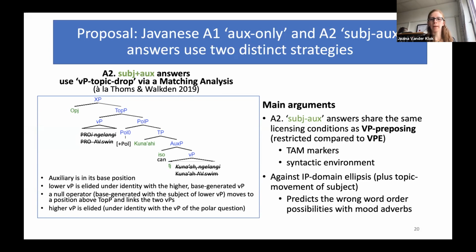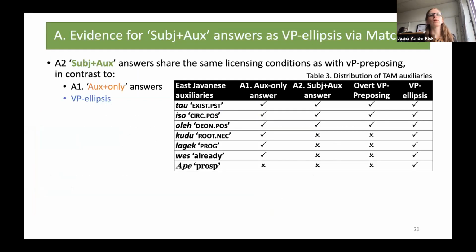Okay, so let's look at the distribution of TAM markers across different constructions. This goes back to my dissertation, and I'm still working on this.